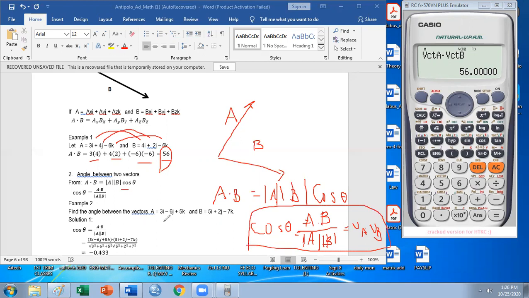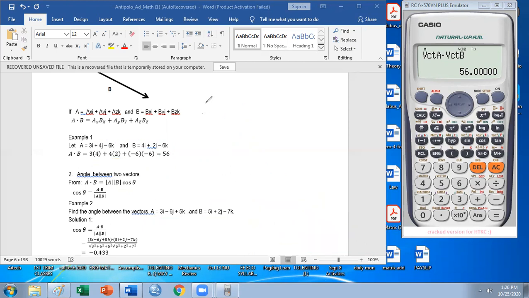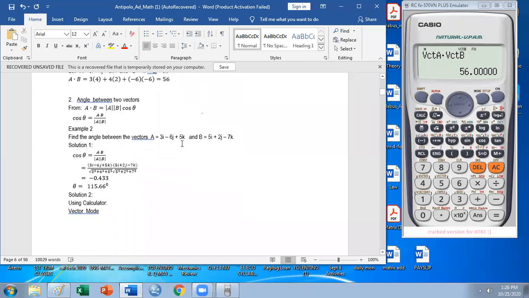So, for example, find the angle between the vectors 3i minus 6j plus 5k and 5i plus 2j minus 2k. Look at how it is done. We just took the dot product, then divided by the square root. And remember, what is the dot product here? That is 3 times 5, 15.